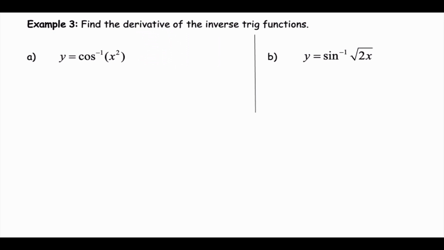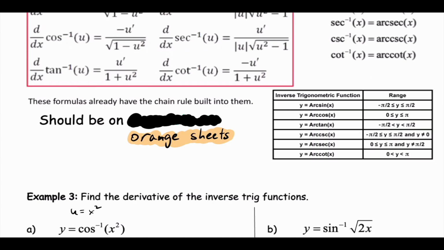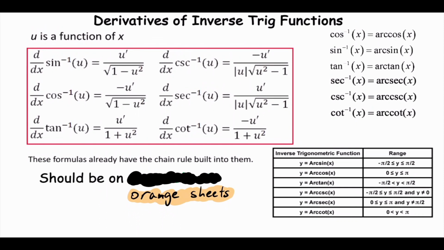So for example, let's do 3a. I have to find the derivative of arc cosine of x squared. So I go to my rules. It says arc cosine. This is my u, and u in my case is x squared. On top, it's going to be negative times the derivative of u.